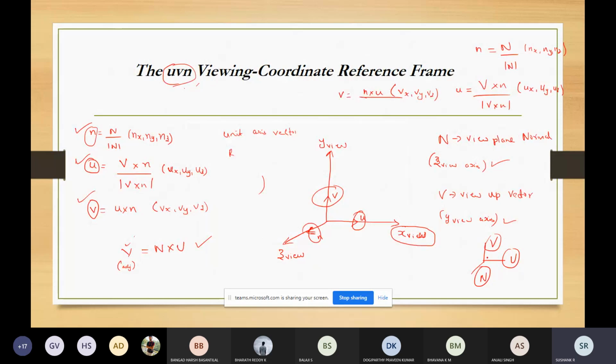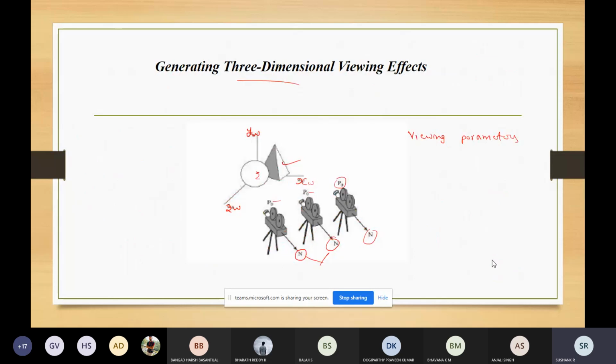All these three are perpendicular to each other. So when you change n, you should also make an arrangement for changing the other axes so that you maintain the right-handed viewing coordinate system.